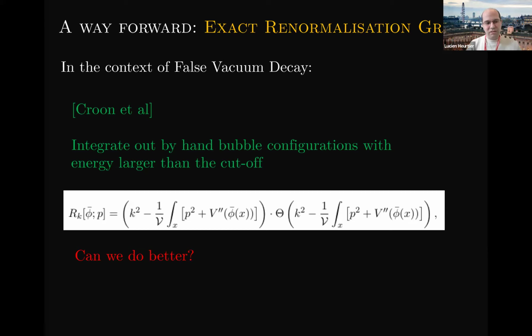That somehow renders your flow equation not very nice to use, so it's a little bit of cooking in there. And so we were wondering whether there was a way to describe this kind of thing in a better way.